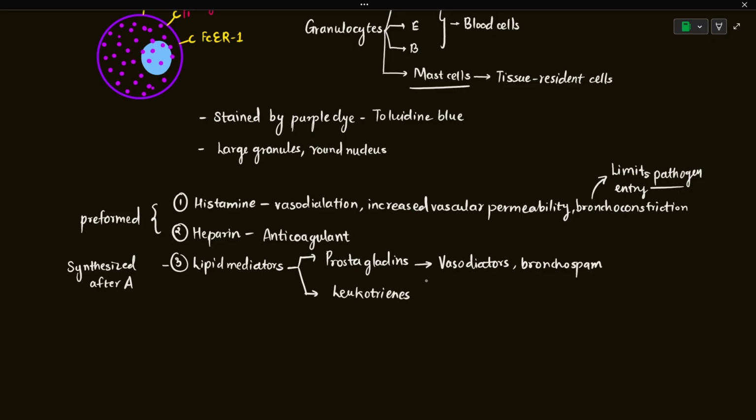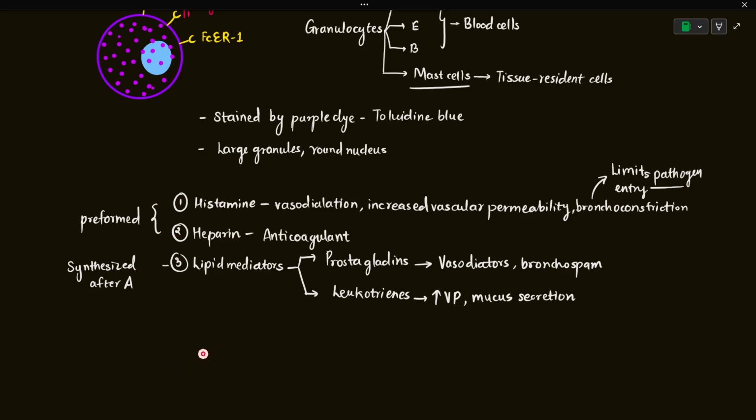The leukotrienes also affect vascular permeability, increasing it, but besides that they also result in mucus secretion. So these are the different components found in the granules of the mast cell: histamine, heparin, and lipid mediators.